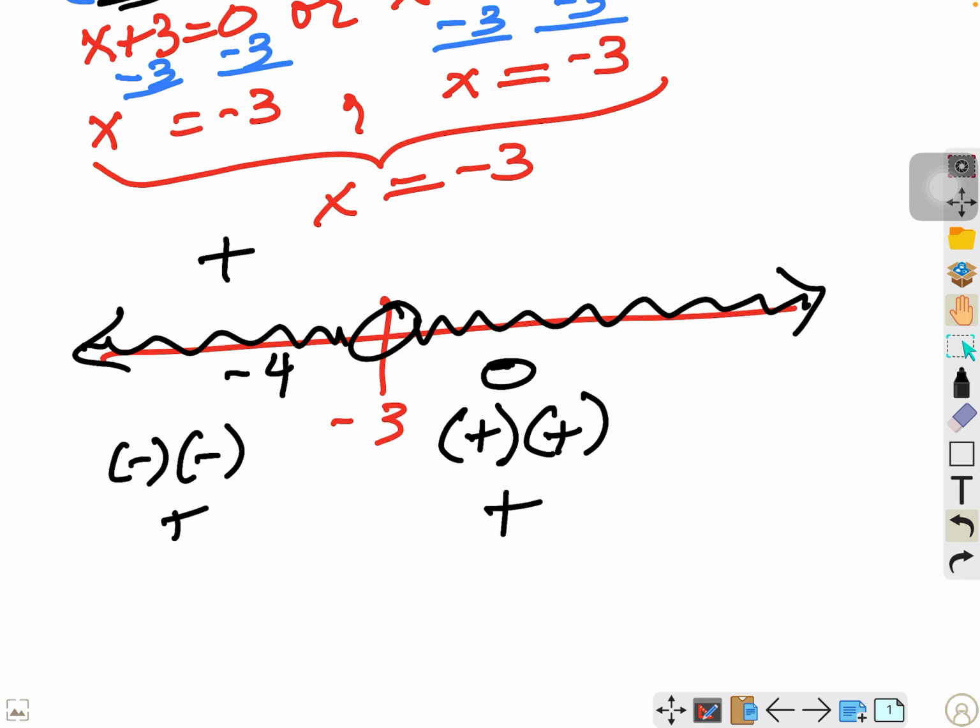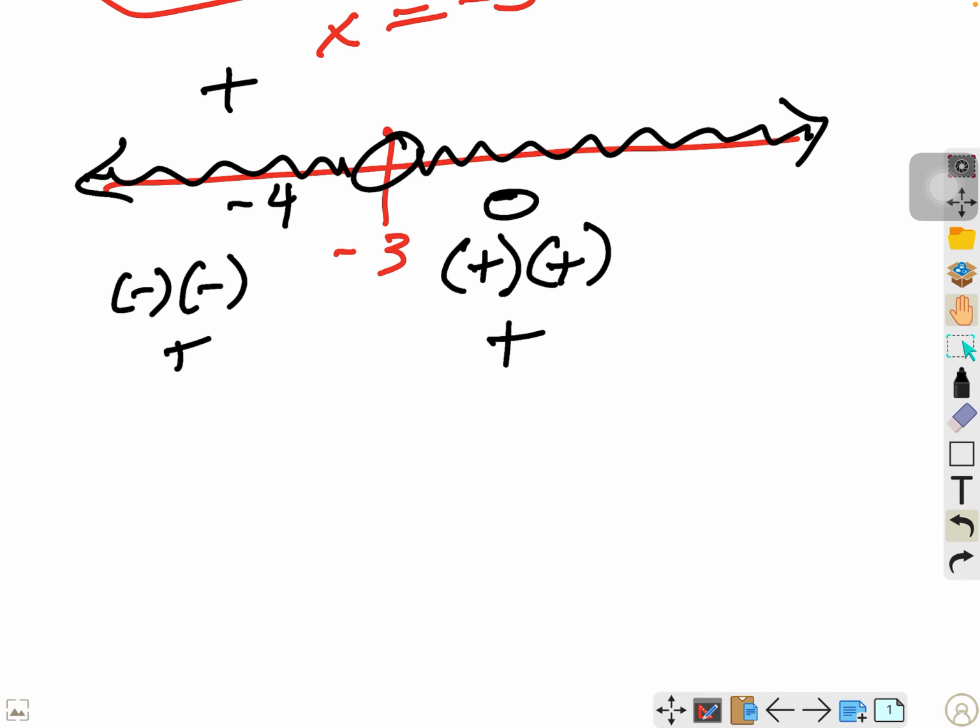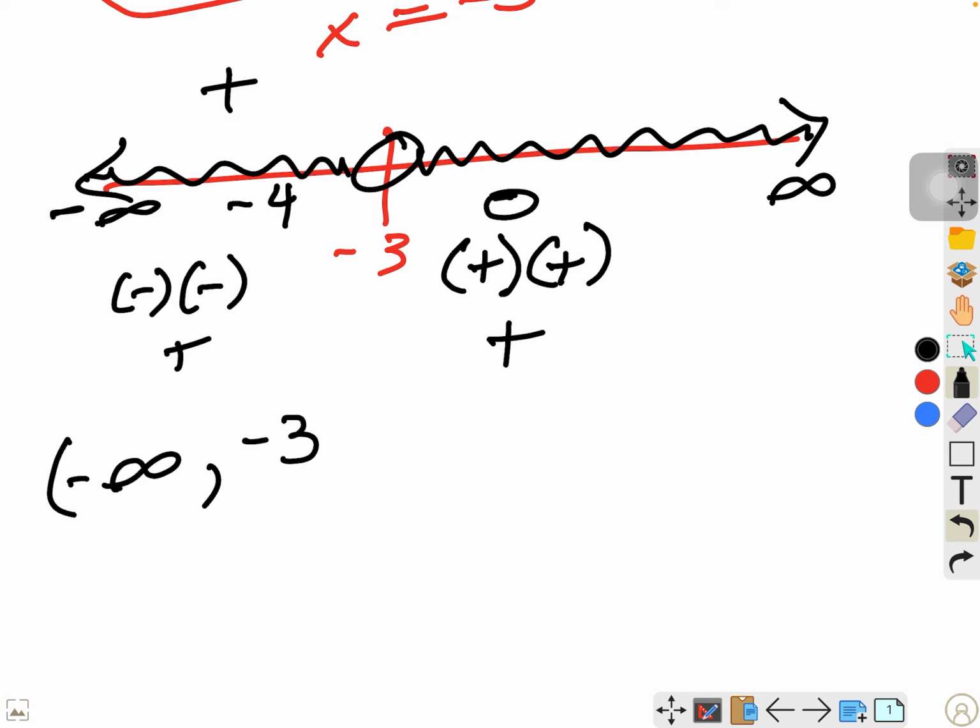So this is how this would look in interval notation. Starting with negative infinity, and going up to negative 3, but not including negative 3. United with starting with negative 3, not including negative 3, and going out to positive infinity.